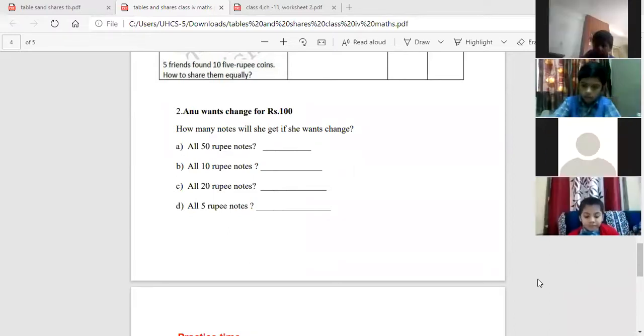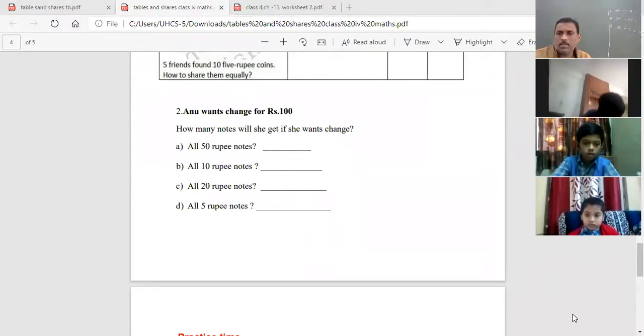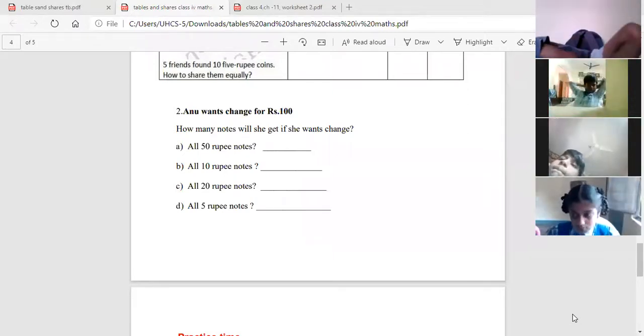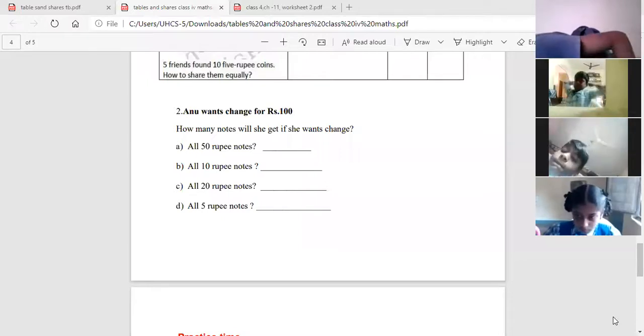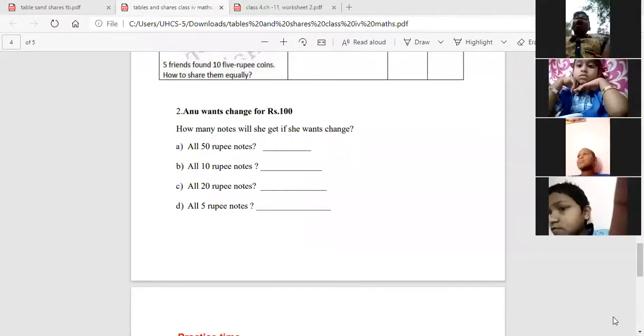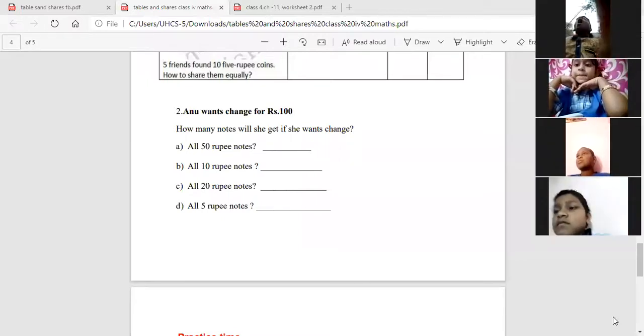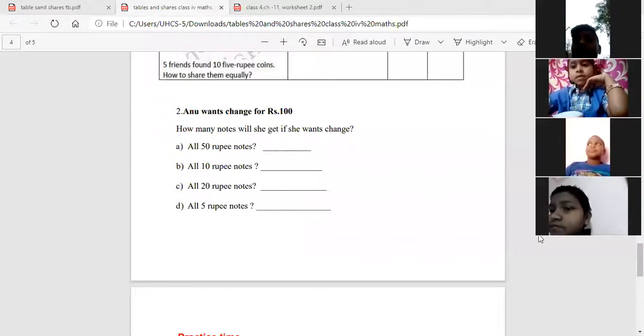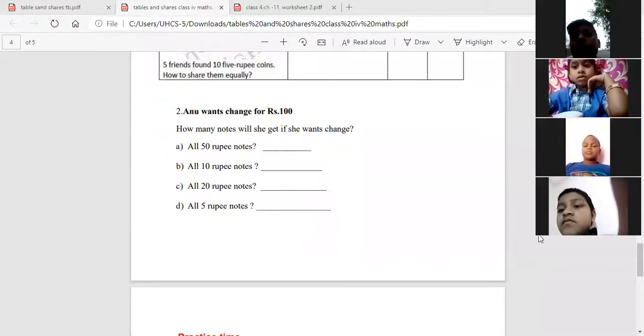Arna, your answer is correct. Vishwanath, concentrate in the class. You're talking to others there.